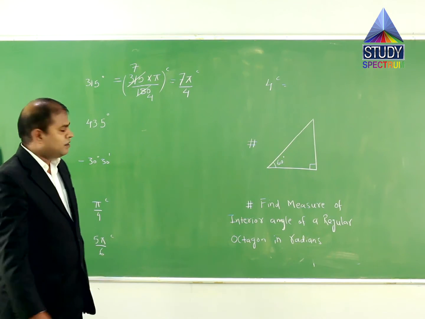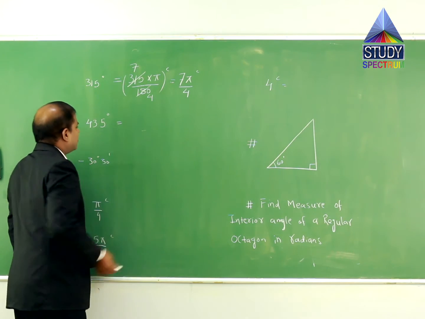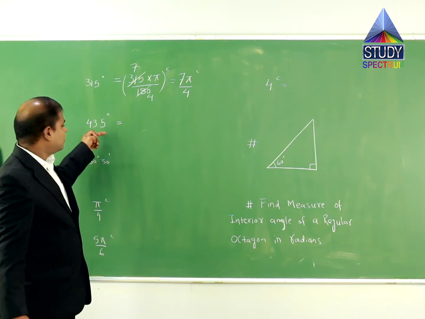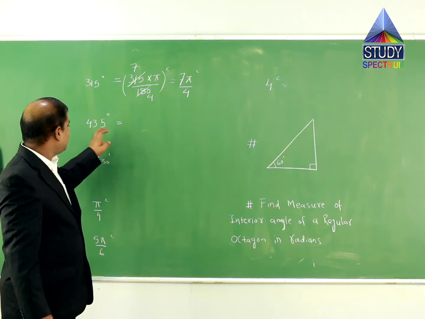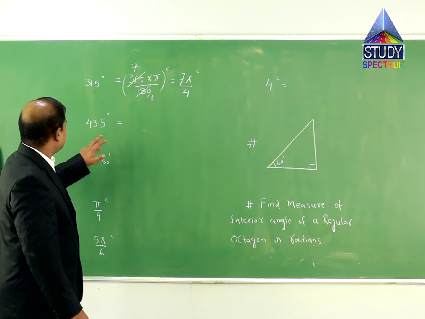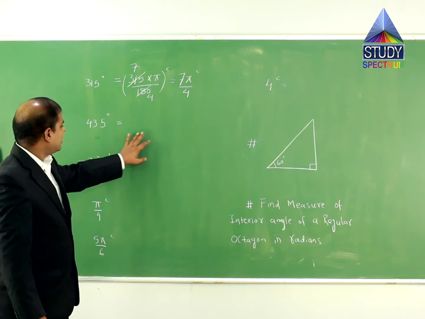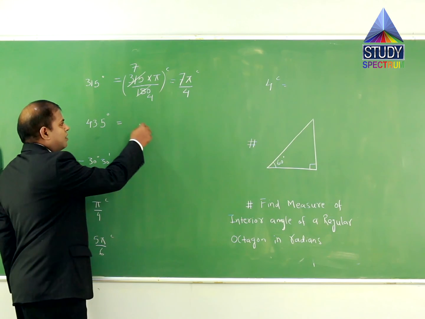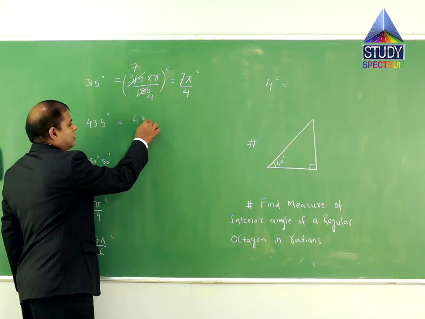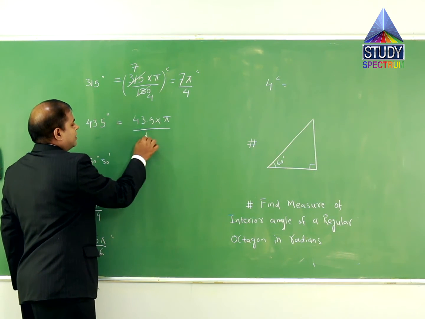Okay. Moving to next. Suppose I have 43.5 degree. Here degree measure is 43.5 degrees. Question is, what will be the value of 43.5 degree in radians, or what will be the radian measure of this angle? So again, multiply 43.5 by pi by 180.